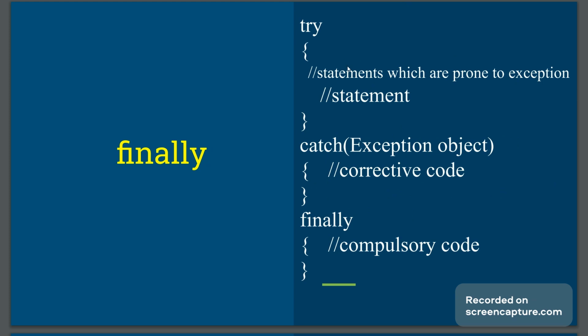But if at any statement the exception occurs in the try block, it will not execute the further statements in the try block, and it will jump to the matching catch block, and the statements written in the catch block will execute. So if there are a few statements that we want to run always, even if an exception occurs or doesn't occur, we can write that code in the finally block.